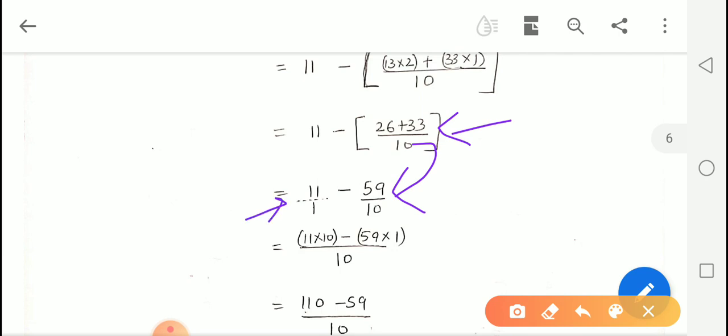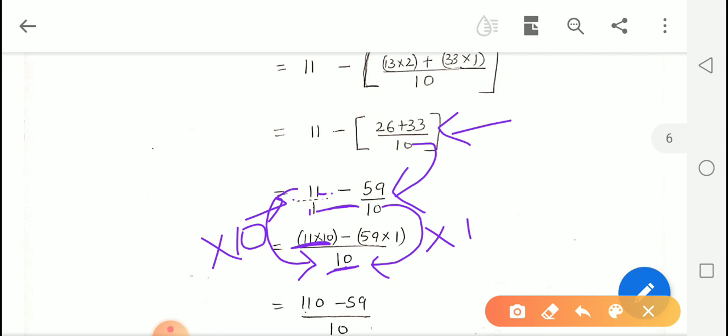Here, 11 minus 59 upon 10. Because 11 has no denominator, we write 1 there, and the LCM of 1 and 10 is 10. 11 is multiplied by 10, 1 is multiplied by 10, so its numerator is also multiplied by 10. 10 is multiplied by 1 to get 10, so we multiply its numerator by 1.